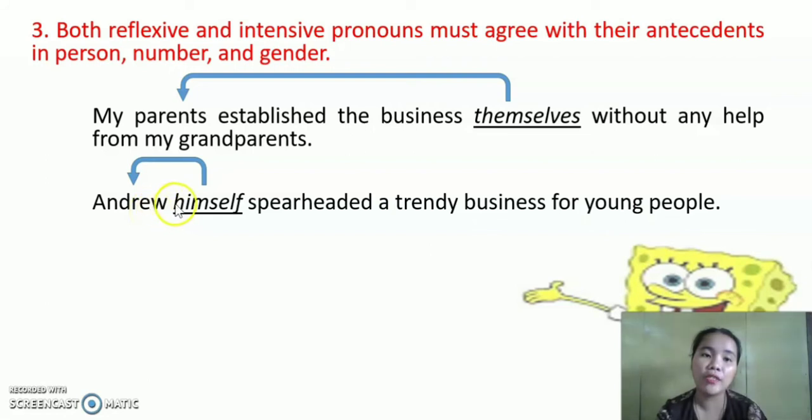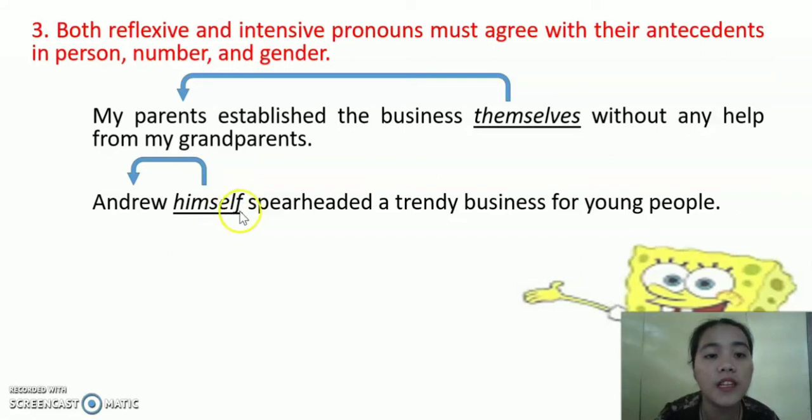So boy siya. Him imong gamiton. Himself, ang imo dyan i-pair na niya kay singular, kay singular man si Andrew. Andrew is only one. So, himself niya siya. It cannot be himselves because there is no such word as him nga usa niya. Selves, na daghan man na siya, param na siya sa plural.